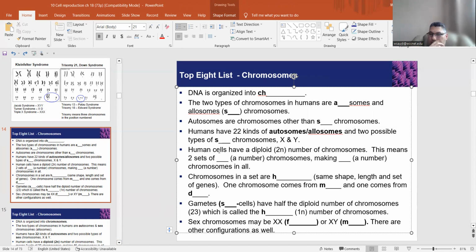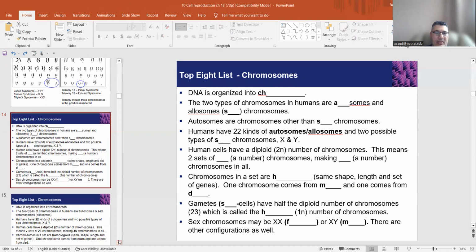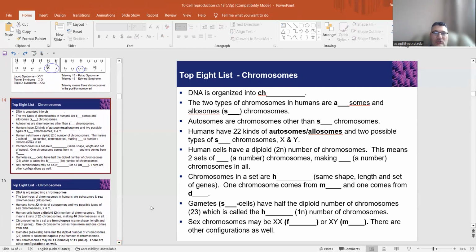Human cells, we're referring to the somatic cells, the body cells, the normal cells, not the sick cells, contain 2N, which means two sets of 23.